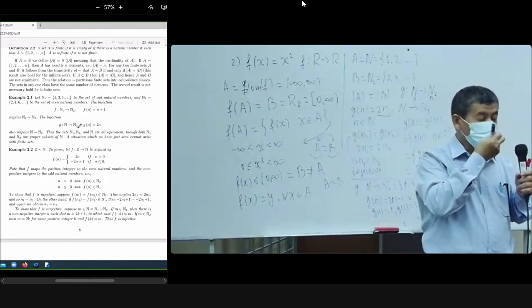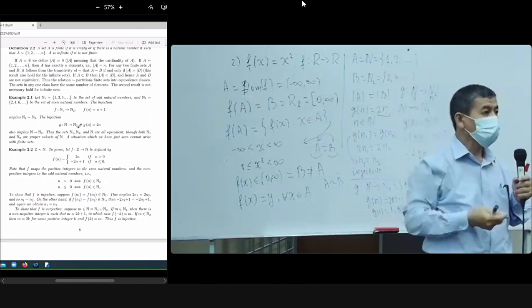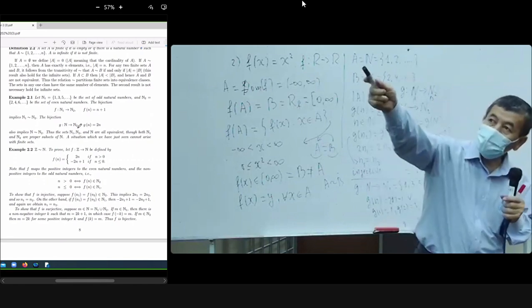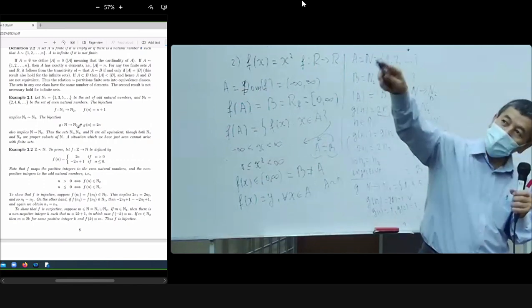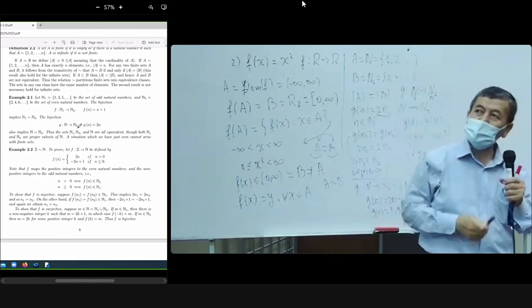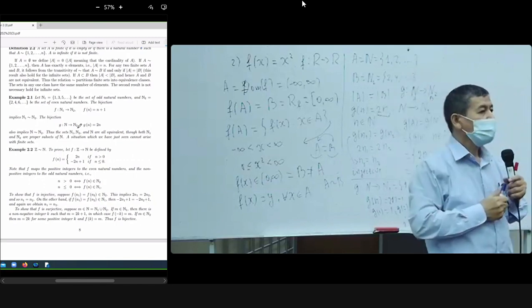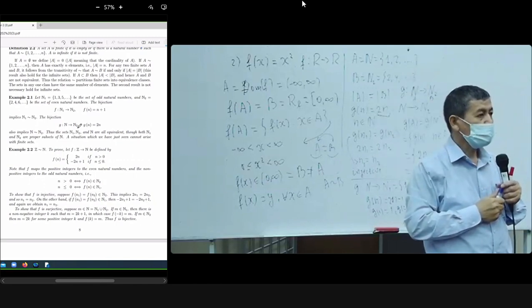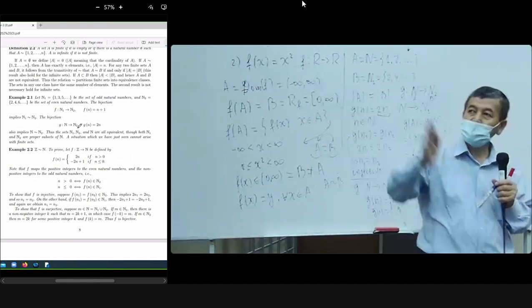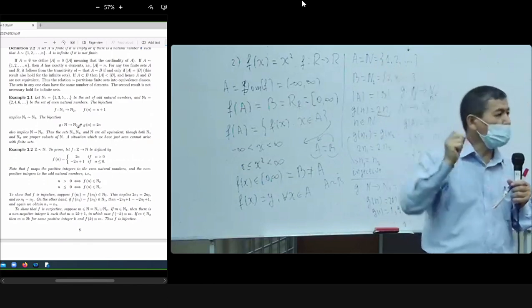Z is twice more than N. That's it, equivalent. How to find the function? Can you construct another function different than that, but still there is a bijective function? It is constructed there. Okay? Can you find another one?